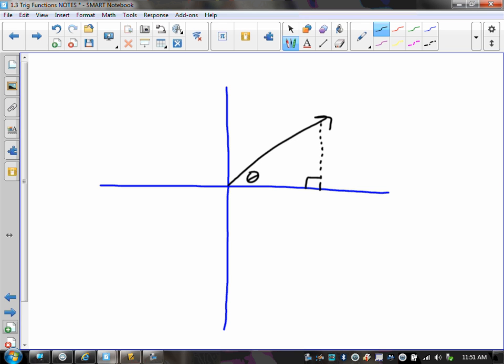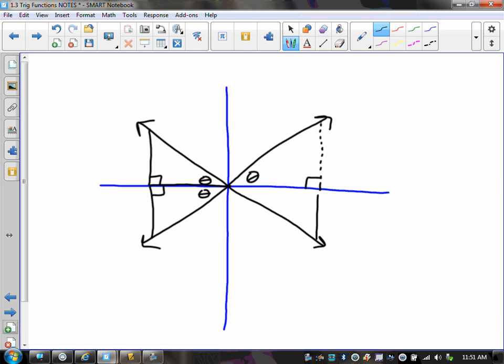If my angle ends up in quadrant 2, then to make a right triangle I drop down my line, make my right angle here, which means theta is there. If my angle ends up in quadrant 3, I'm going to go up to make my right angle, which means theta is here. Last one, if I end up in quadrant 4, I'm going to go up to make my right angle, which means theta is here.